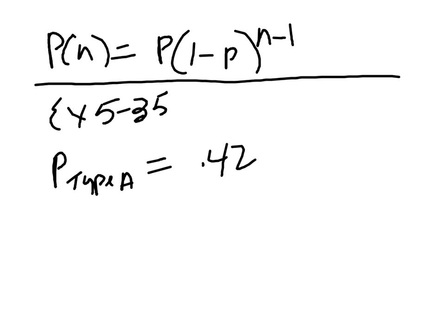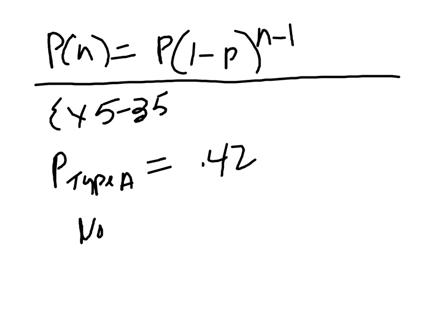So here's what we're going to do. 4 people are selected at random. Find the probability that the fourth person is the first one selected with type A blood. So I'm going to do something like this.